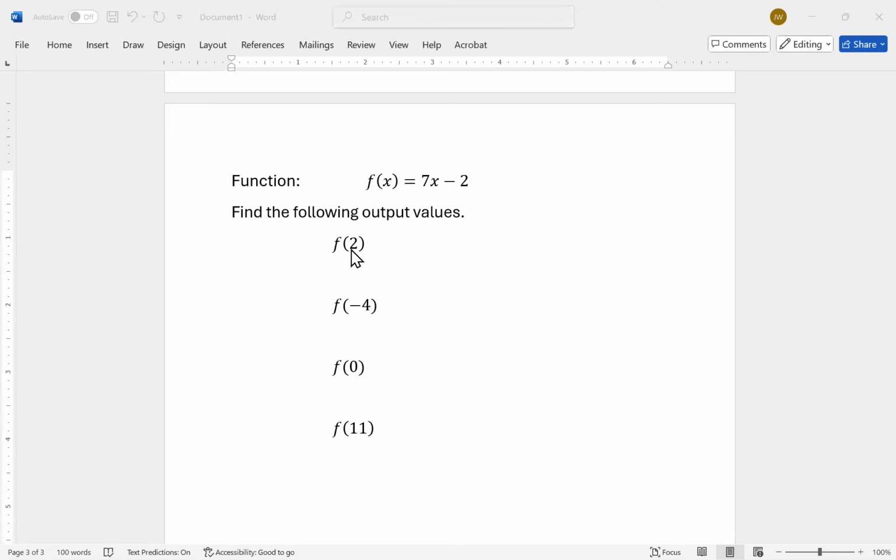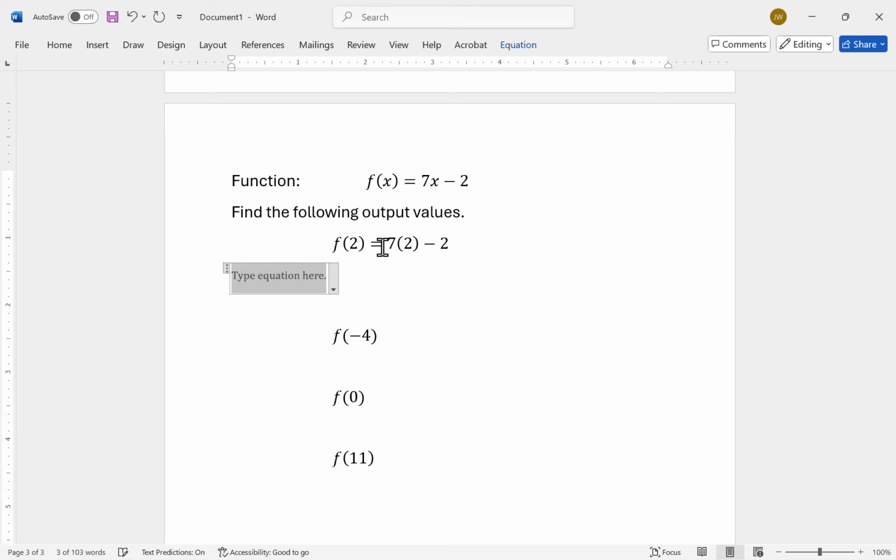This is the notation: f of 2 means you're inputting 2 into the function, and we're asking what do we get out? So f of 2 is going to give us 7 multiplied times 2 minus 2. Simplifying, f of 2 is equal to 14 minus 2, which is 12.